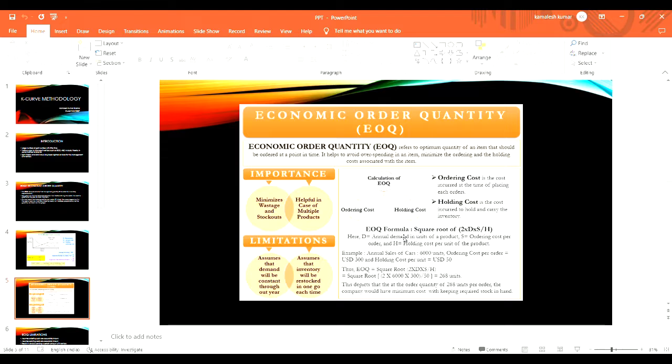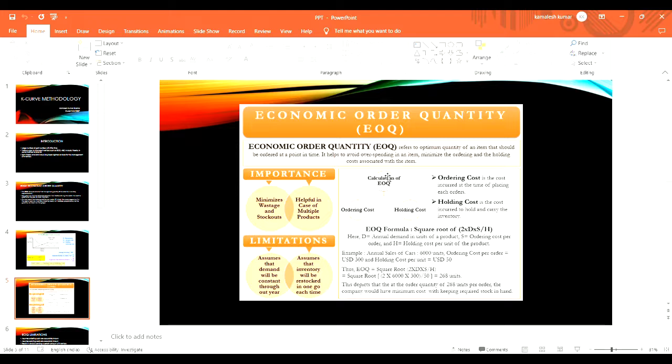Next, we'll discuss what EOQ is. EOQ is the optimum quantity of an item that should be ordered at a particular point in time. The main advantage of EOQ is that it avoids overspending on an item by minimizing the ordering and holding costs.